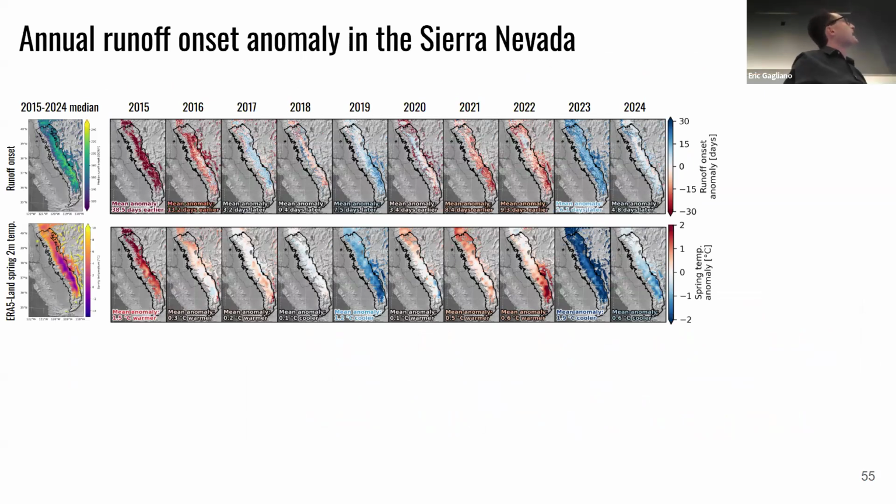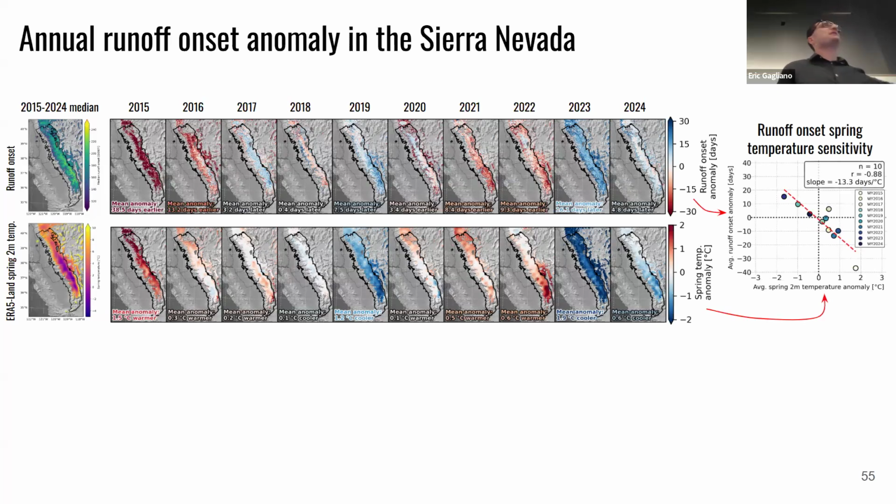And you see some interesting patterns between these, where in 2015, we saw a mean anomaly of 1.5 degrees C warmer temperatures. And that also coincided with really early melt. So you can basically draw a line through some of these data points in order to get some sort of spring temperature sensitivity.